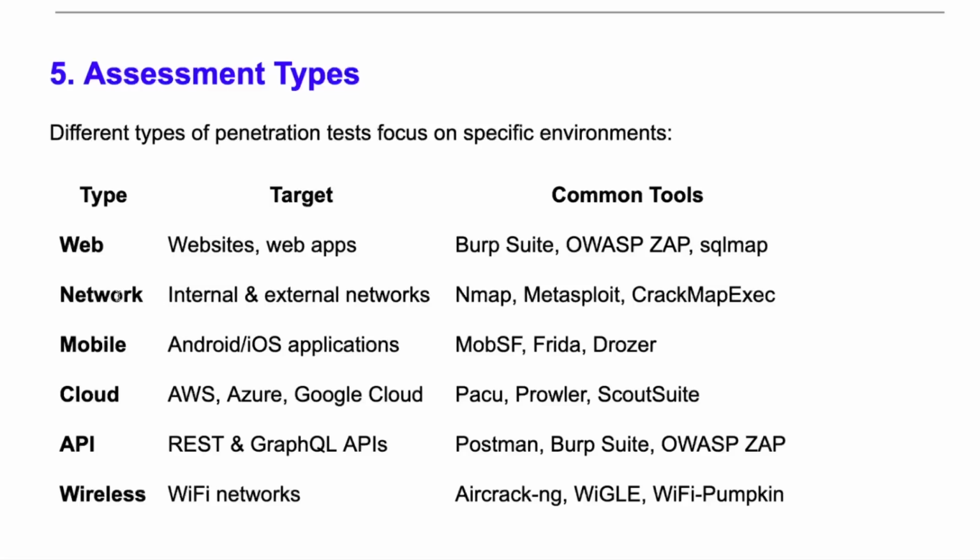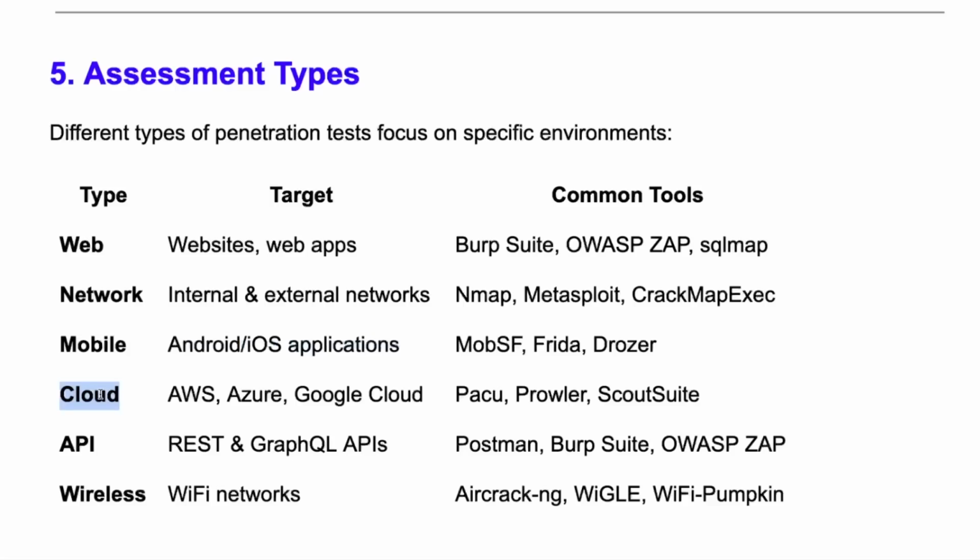If you have a network-type client, then you have the internal and external network of that client as your targets, and your tools would be Nmap, Metasploit, CrackMapExec, etc. If they have mobile devices in their environment, then you have the Android and iOS applications as the targets, and then we have MobSF, Frida, and Drozer as the tools used to penetration test those types of devices.